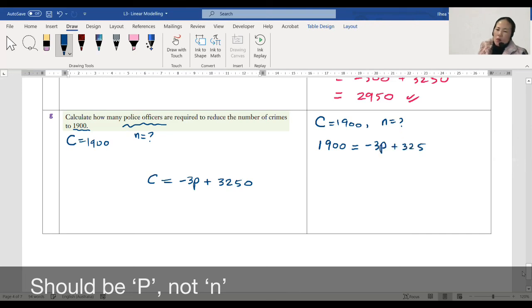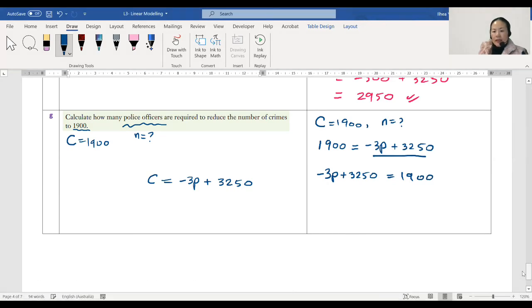Now, what I'm going to do is move this one to my left-hand side because I like anything pronumeral to be on my left. Okay, now let's do minus 3,250 on both sides. So it'll be minus 1,350.